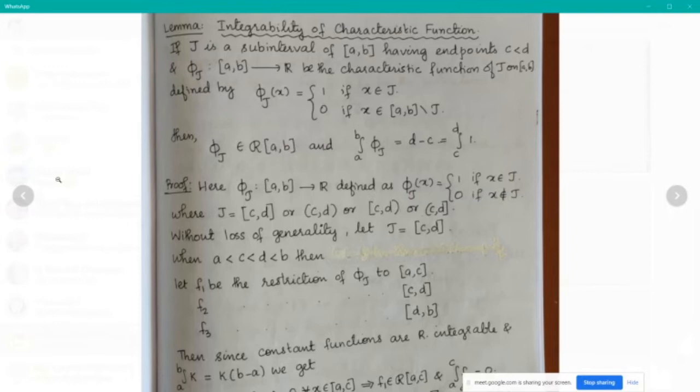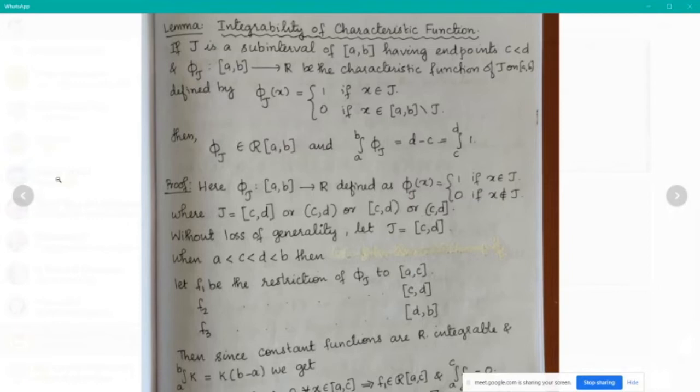If you have closed interval AB, if you take a sub-interval closed interval CD of this closed interval AB, let it be J. So J is closed interval CD or any interval with endpoints C and D. That means either open interval CD or closed interval CD or semi-open or semi-closed intervals with endpoints C and D. Then the characteristic function of this J, phi J, is Riemann integrable on closed interval AB, and its value of the Riemann integral of phi J is integral C to D 1, which is same as, sorry, not 1, it is d minus c.